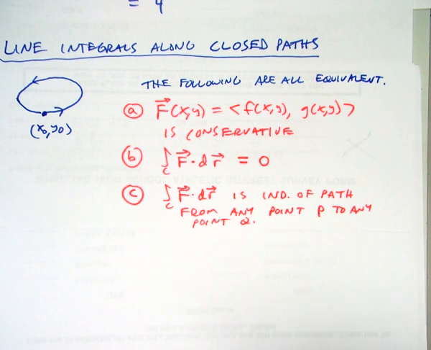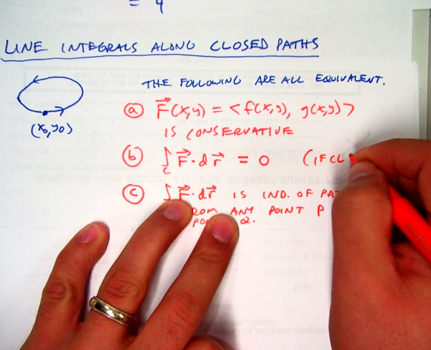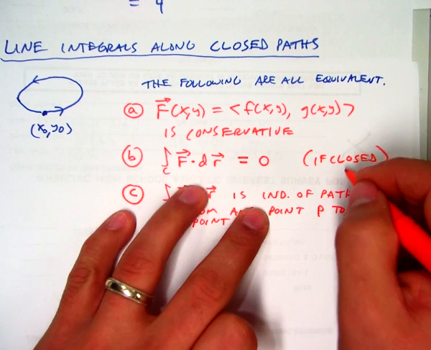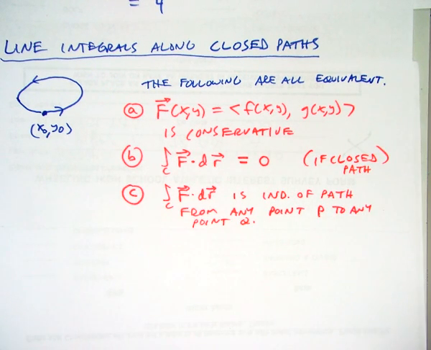If we have a conservative vector field, then both of the other things have to necessarily be true. Okay? So, let me add this, if closed. Okay, so just make sure that you really understand the notion here. It's pretty simple stuff. Okay?